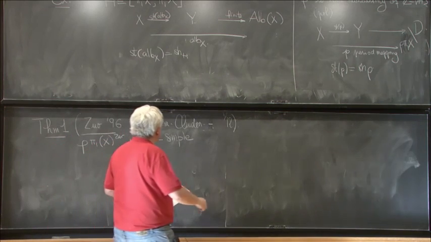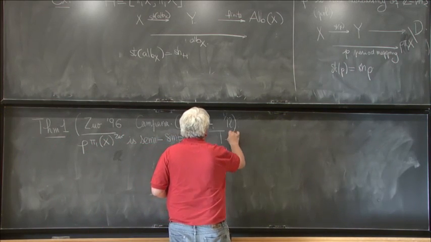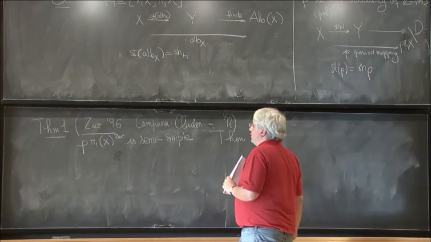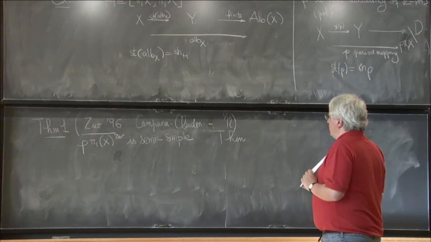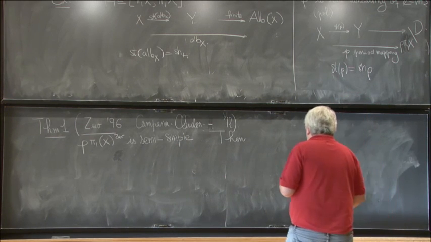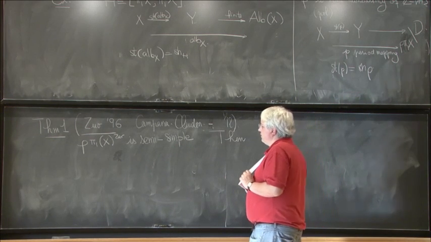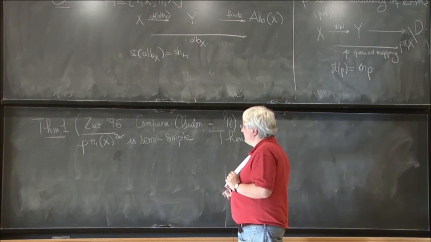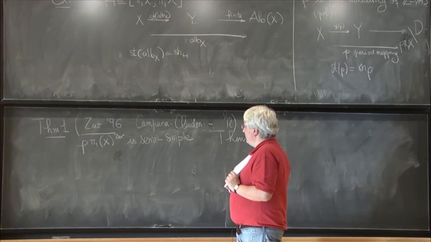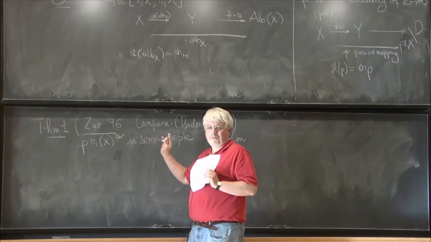This is the usual definition of a semi-simple representation, when this is a reductive group.